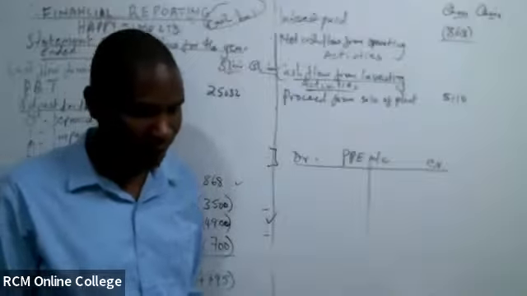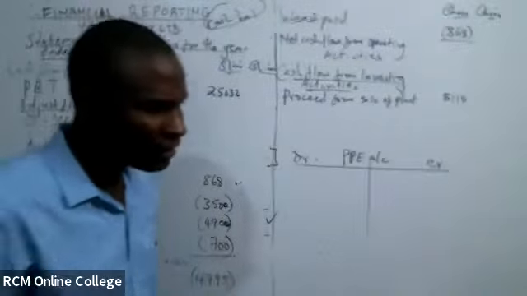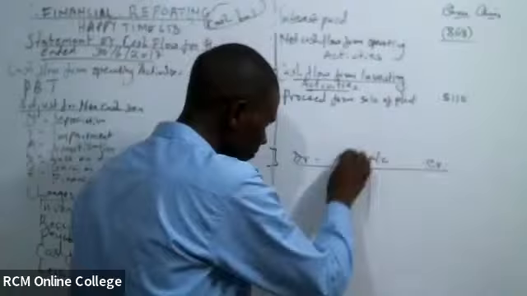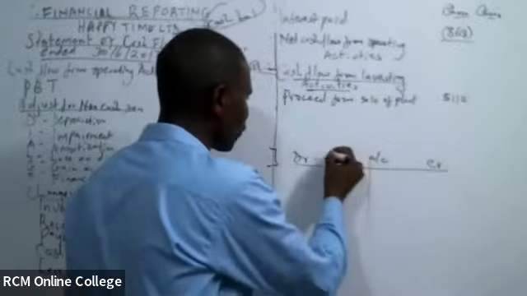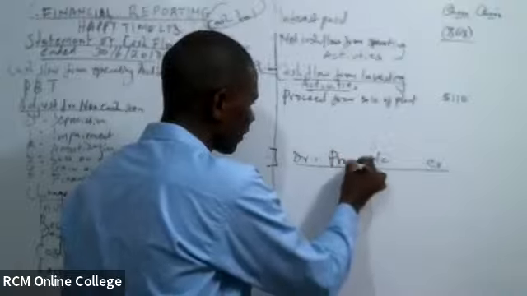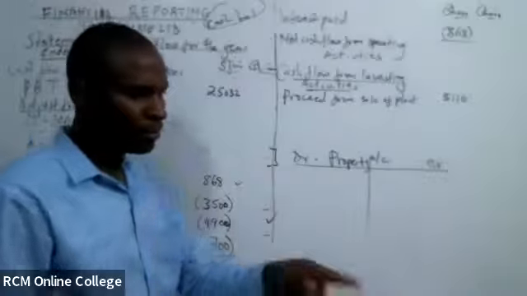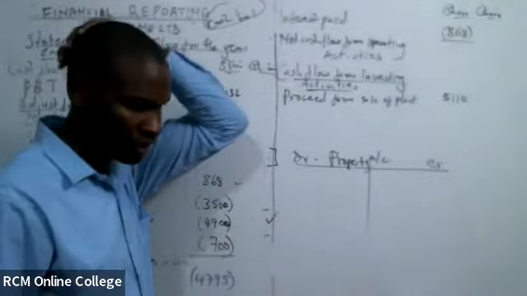Additional information number 1. Property. Tunaanza na property. In fact, I should put it like this because tuko na property separate na plant separate. So why can't I have the property kwanza hapa? Anipatia tu moja kwanza. Should I debit that amount or credit? If we are using cost, tukitumia cost, should I debit or credit?